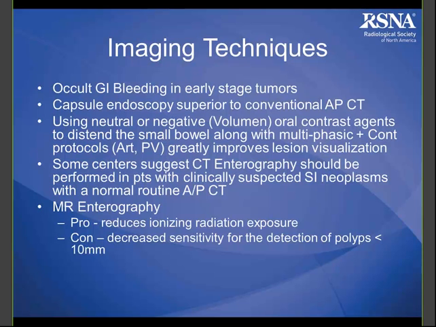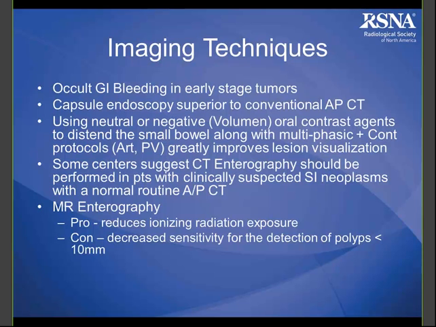We're not really using fluoro. Sometimes we use MR enterography to follow up these patients, especially if they're younger. We'll try to use MR enterography more for them as opposed to CT to help reduce and save on the radiation dose.